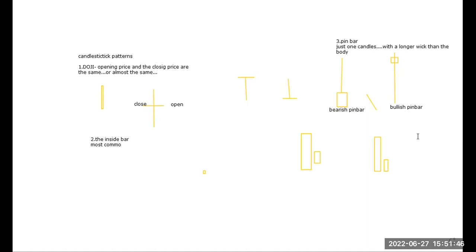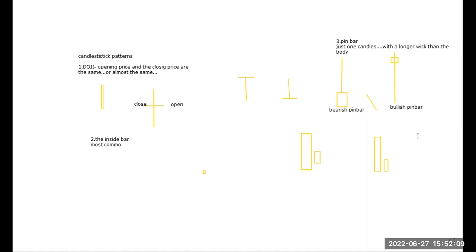Before I forget, you're lucky that I've remembered this one. Remember the pin bar. For those who've been trading for a long time, or when you get further into trading, you realize that the pin bar is the kingpin of candlesticks, one of the most important candlesticks.